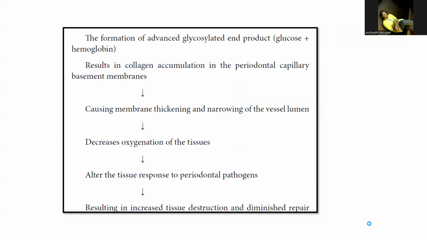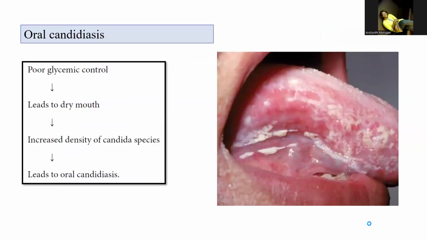There is formation of advanced glycosylated end products, that is glucose plus hemoglobin, which results in collagen accumulation in the periodontal capillary basement membranes, causing membrane thickening and narrowing of the vessel lumen. This decreases oxygenation to the tissues, which alters the tissue response to periodontal pathogens, resulting in increased tissue destruction and diminished repair.